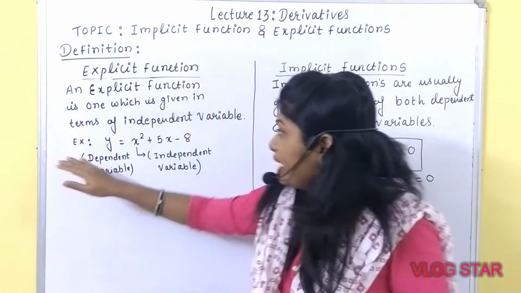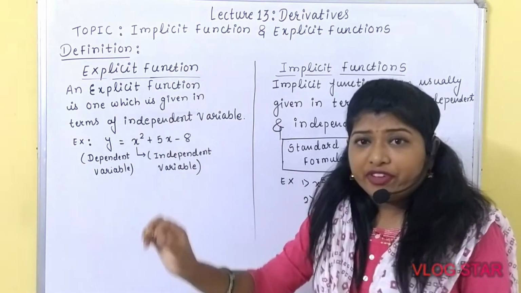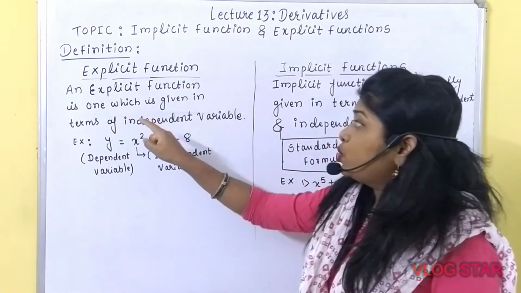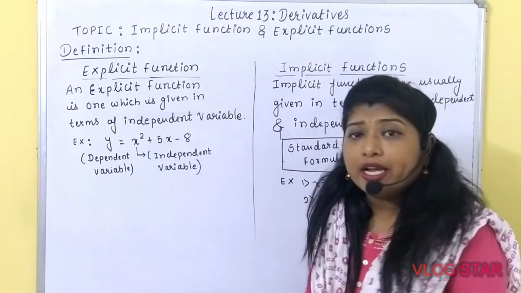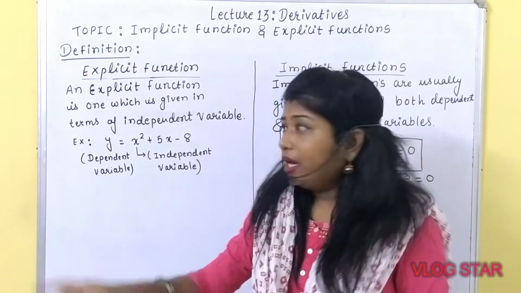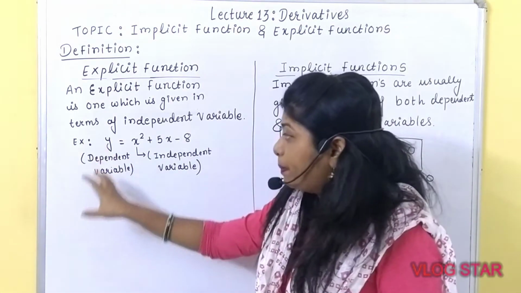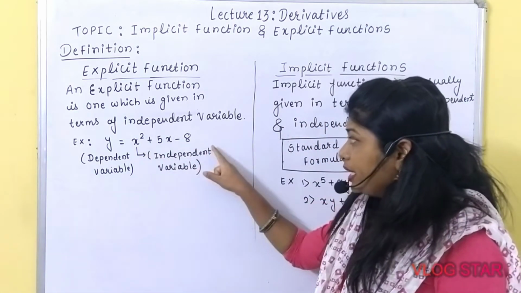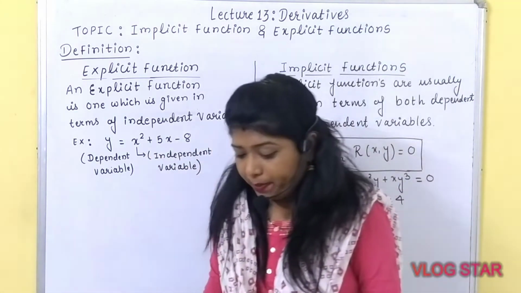Am I right? As the definition says, an explicit function is one which is given in terms of the independent variable. What is the meaning of that? y represents the dependent variable and the right hand side, x, represents the independent variable.